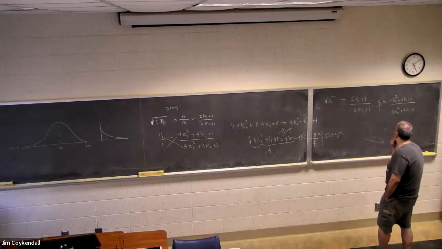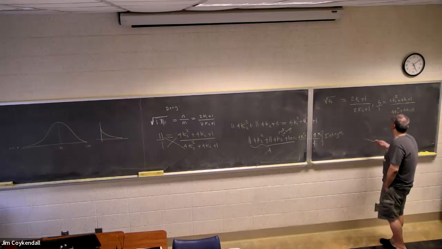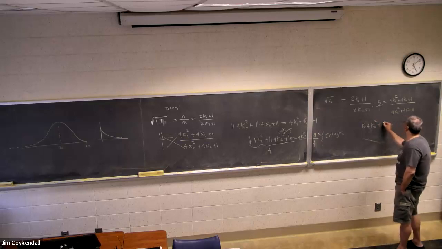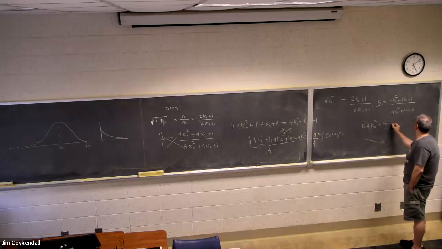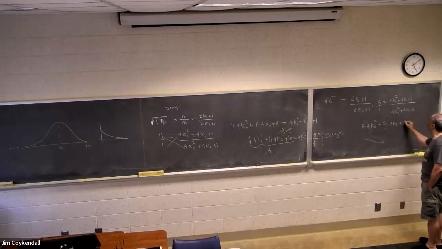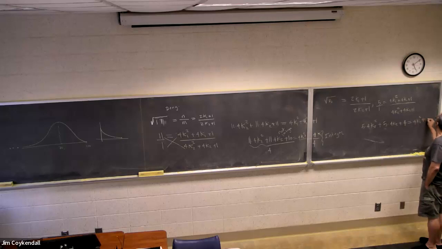But as I told you, maybe it works in general, I don't know. So we have 5 times k2 squared plus 5 times k2 plus 5 equals 4k1 squared plus 4k1 plus 1. Let me just summarize: 4 equals 4k1 squared plus 4k1, so I remove the 1.